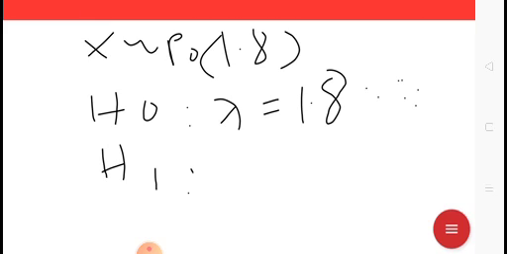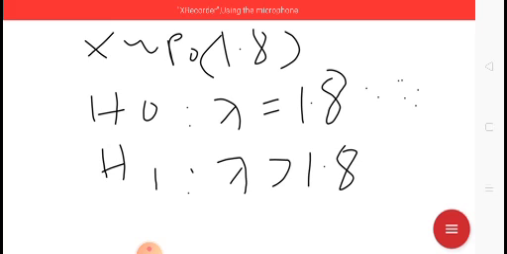They want to test whether the mean has increased, so larger. These are the hypotheses that you need to set. Once you set your hypotheses, you can start to find the critical region. Part 1 says show that the critical region for the test is X larger than 4.